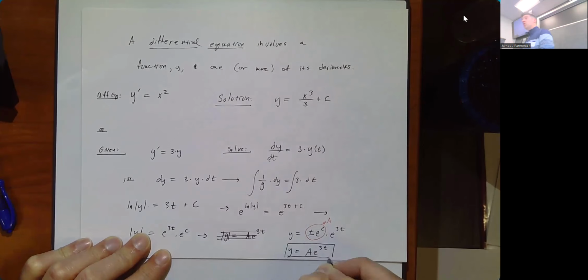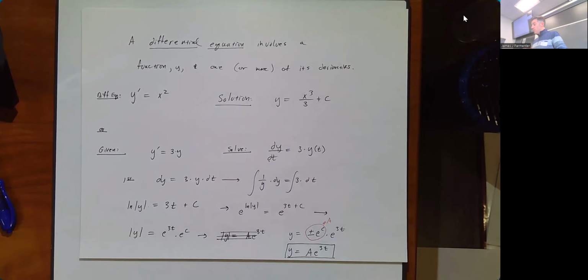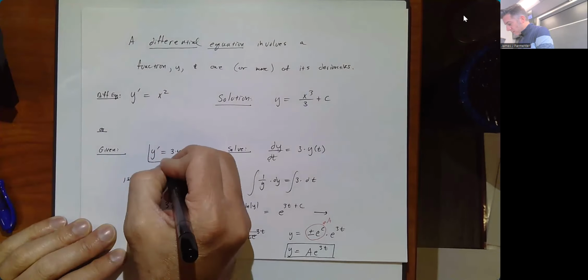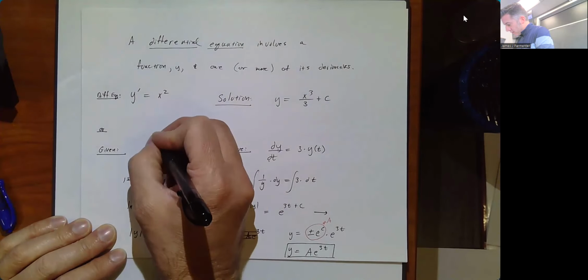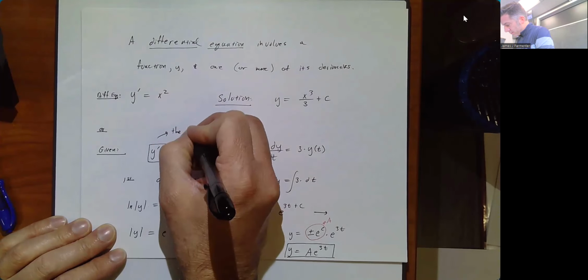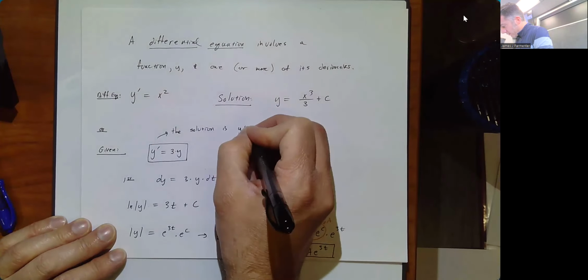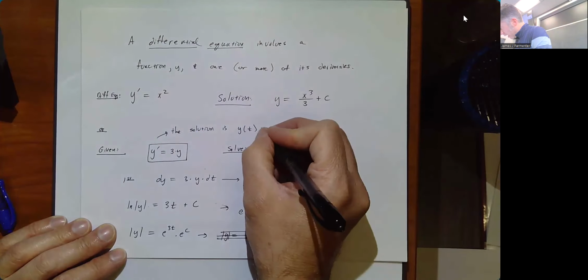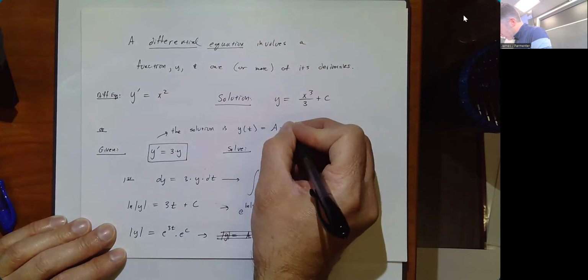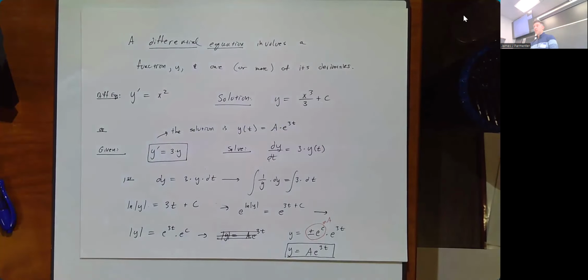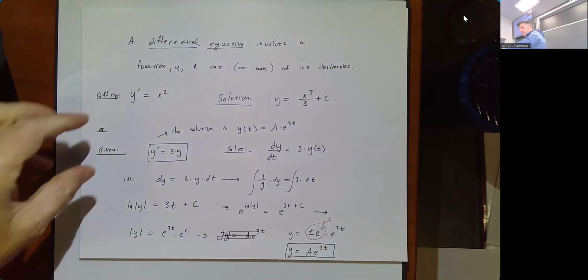And that is the solution to this differential equation. So this differential equation, y prime equal to 3y, has the solution y as a function of t equals A times e to the 3t. Let's check that to make sure it makes sense.